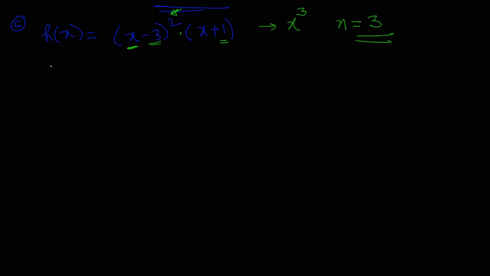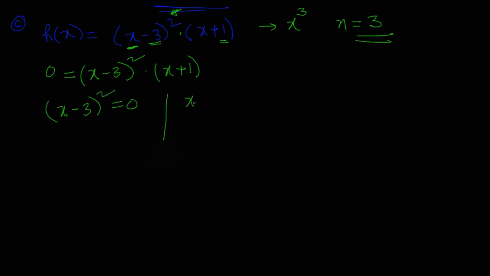Okay, so let's equate to 0 to find the real zeros. So this is (x − 3)² multiplied by (x + 1). I can write (x − 3)² = 0, or x + 1 = 0.